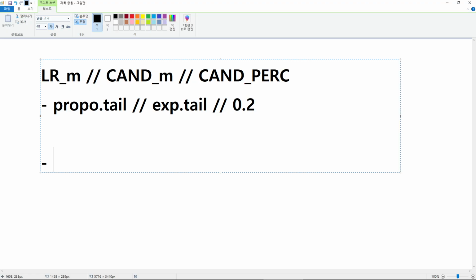And also the purpose of having a lower base mutation rate is also that.